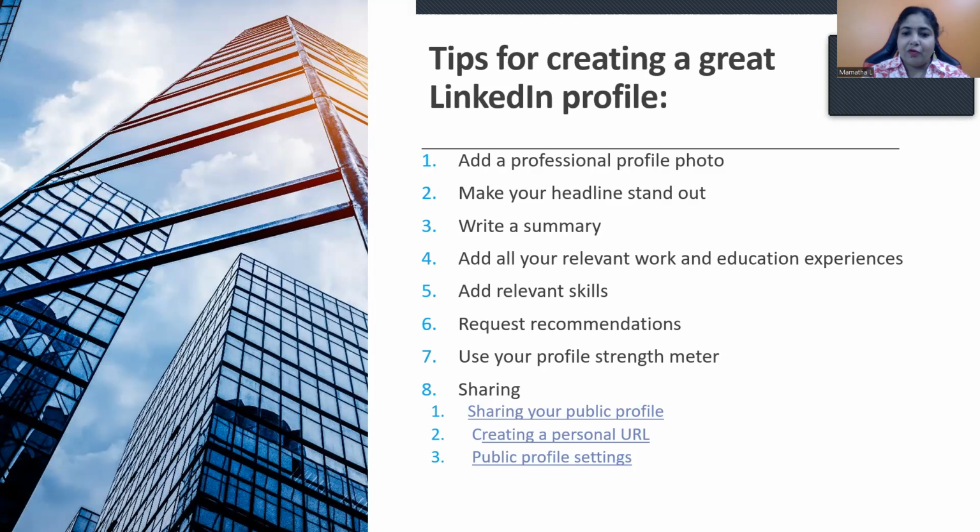Add a professional photo, headline, summary, relevant work and education experiences, relevant skills, recommendations from people, then the profile strength meter, and you can also share it with the public. There is a URL, and you can also use the settings to do this. It's very simple and very easy. I'll give you the links where you can go back and check each one in detail.